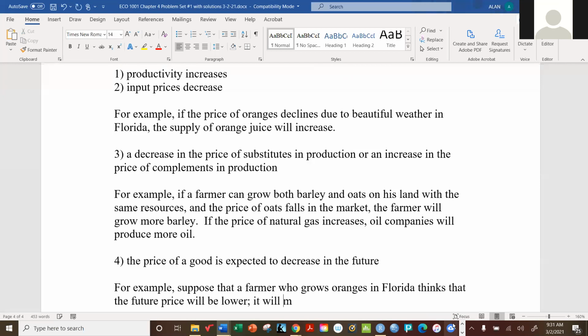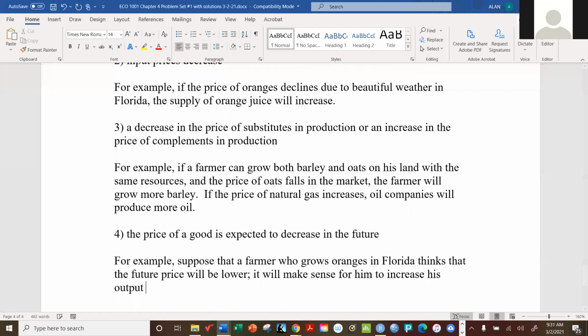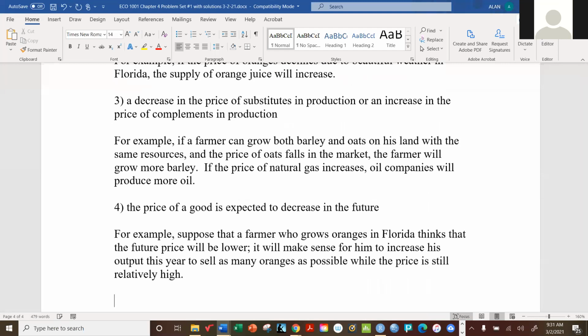It will make sense for him to increase his output this year to sell as many oranges as possible while the price is still relatively high. In other words, I want to sell as many as I can before the price starts going down.